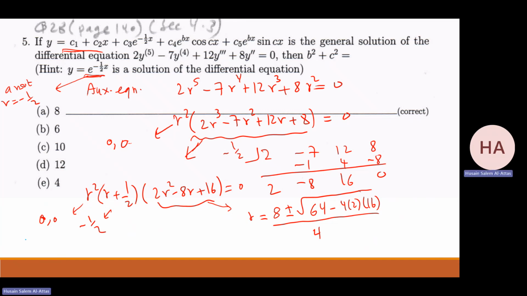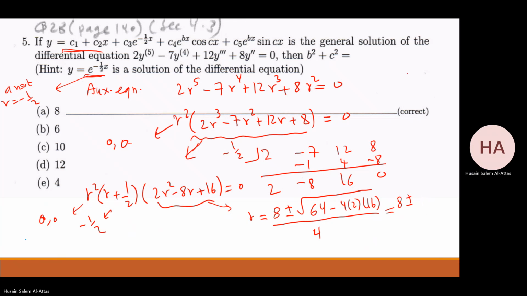So that will give me what? 8 plus or minus. I have 64. Also, I have here 64. 4 times 16 is 64. So I have plus or minus 8.